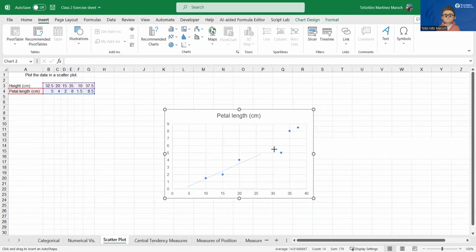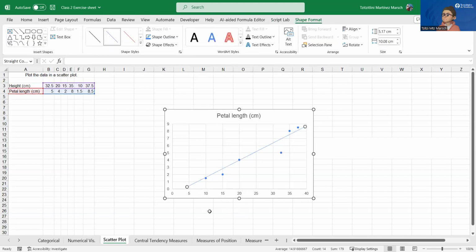If I was to draw a straight line, I can see that it's going upward. When it's going upward, I can say there's a very positive correlation. What does positive mean? That means that when the height goes up, the petal length should go up. It should also be longer.